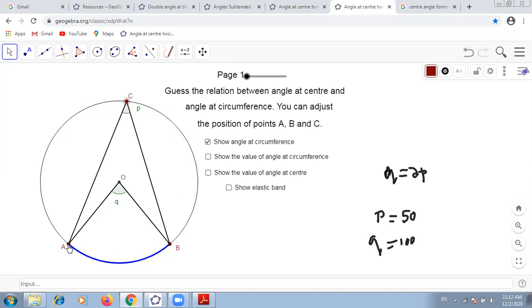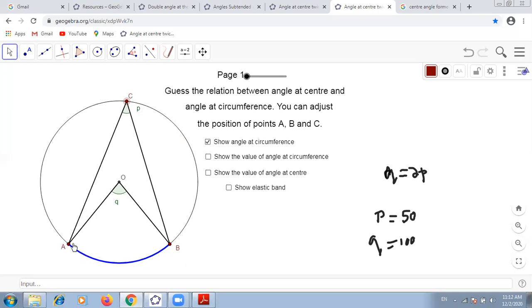The starting point is A, either for the minor arc, the center angle or the circumference angle, and likewise the ending point. So these two points should remain the same. Then this theorem is valid. Otherwise, it will not be valid. For validity, the starting and ending points should be the same.